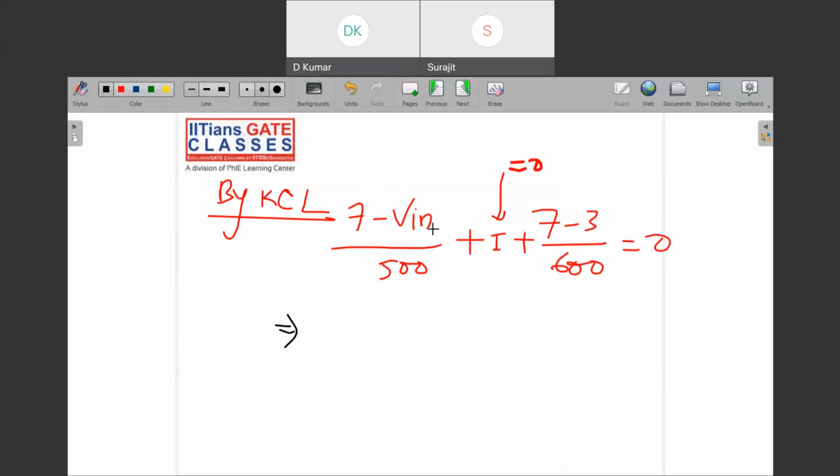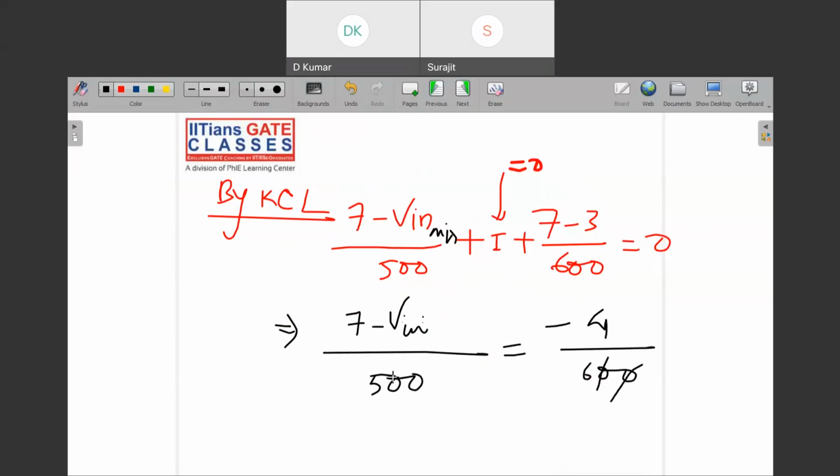So (7 minus V input) by 500 is equal to minus of 4 by 600, right? The zeros cancel, and equate this.